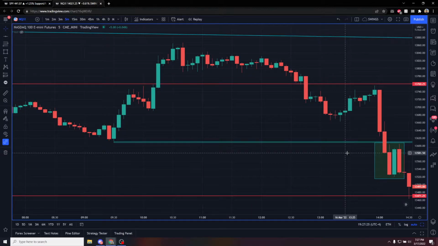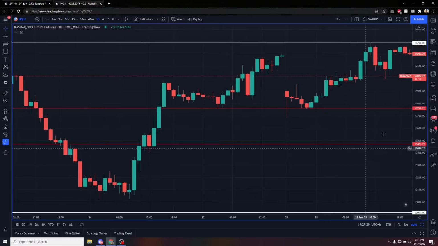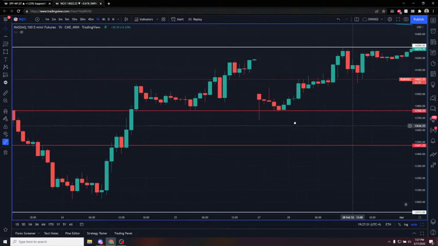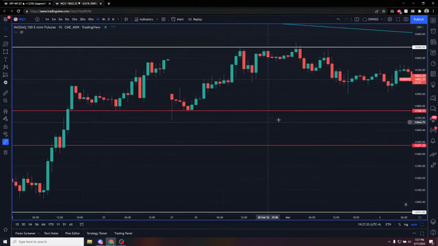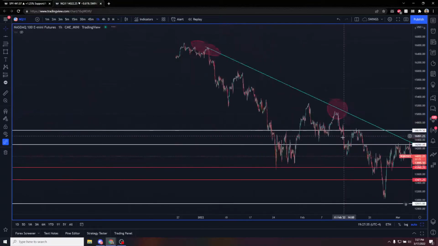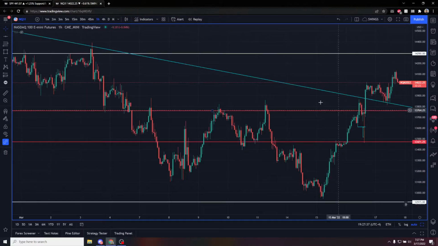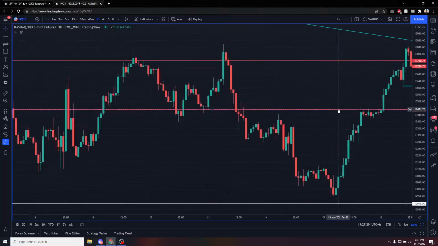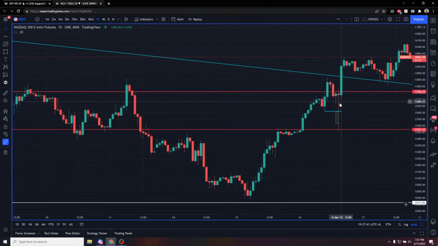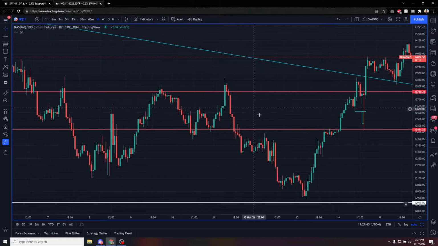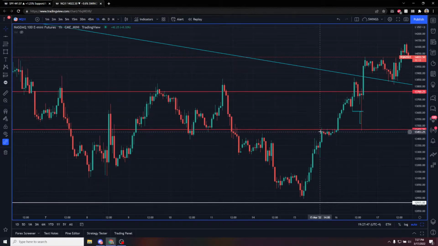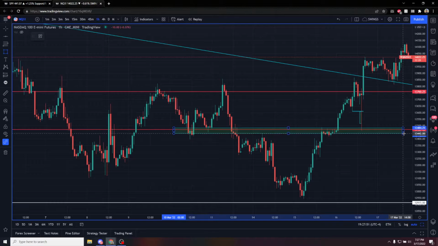But when I look at the higher time frame, like the 1 hour, there you go, right here. When I look at the 1 hour, sure, at that moment I can be very, very low, but I can also understand that there's a support area here.